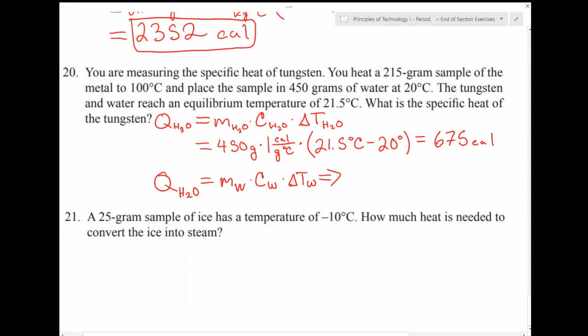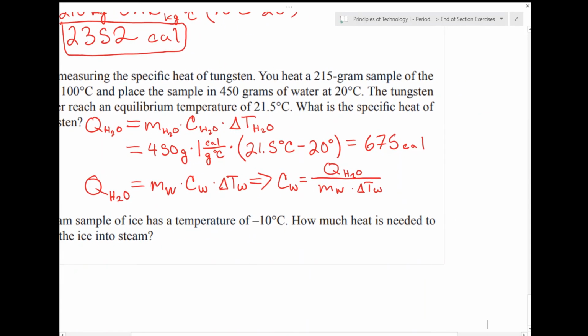Algebraically solving this, we get that the specific heat of tungsten is equal to the heat that the water gained divided by the mass of the tungsten times the change in temperature of the tungsten.